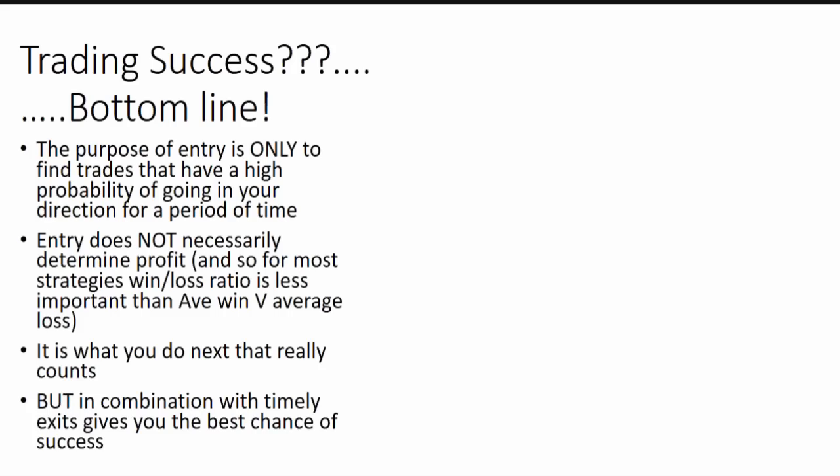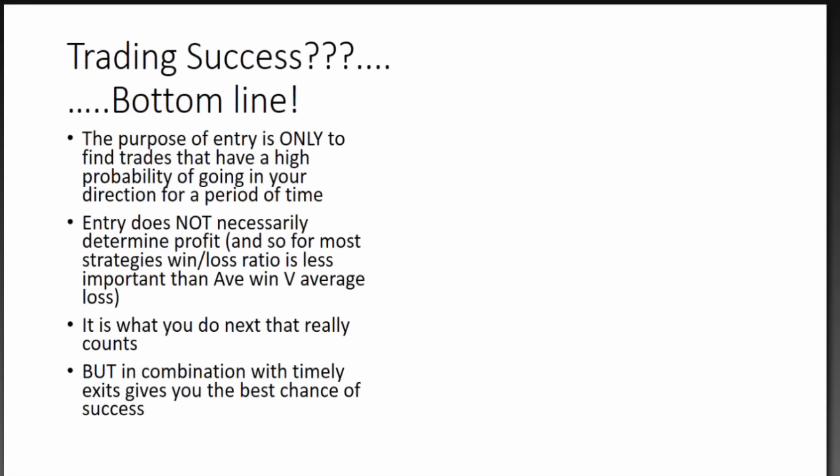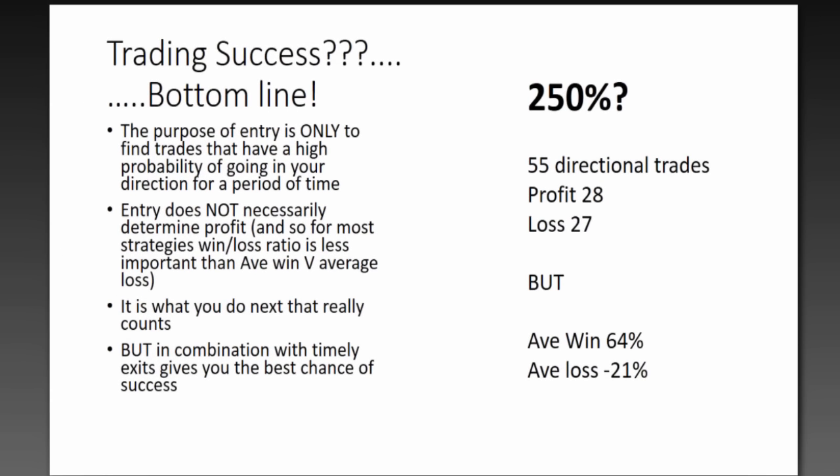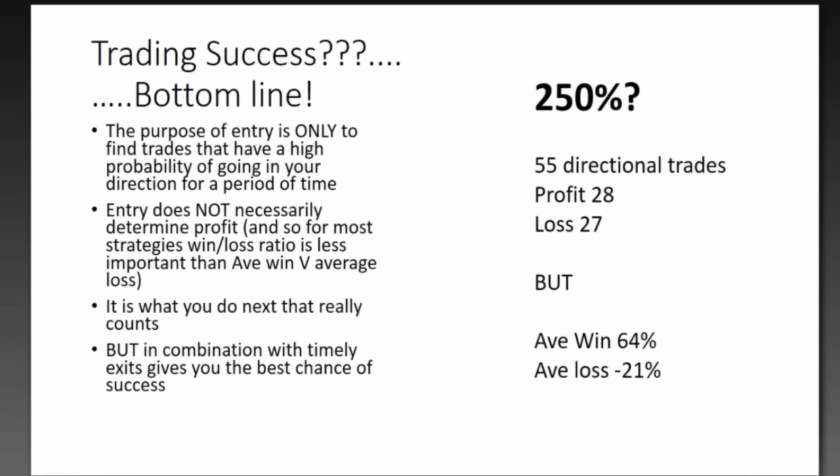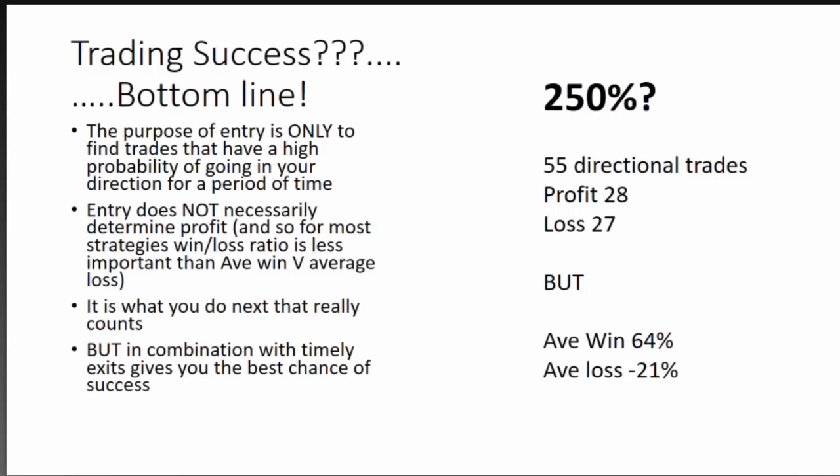Now we're about 90% this year. A very, very different market this year to last year. But that year to date, we're around about 90% in the Hawkeye Options portfolio. But if we looked at that 250%, 55 directional trades were traded during that time, our win-to-loss ratio was 28-27, so a 1-to-1 win-to-loss ratio.